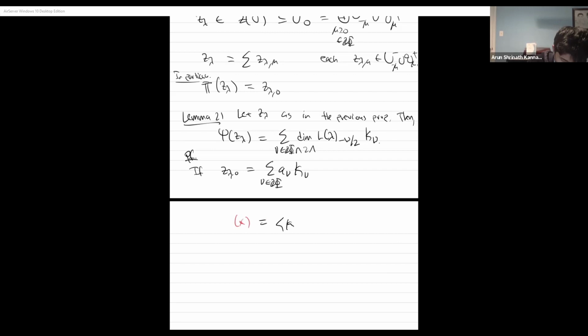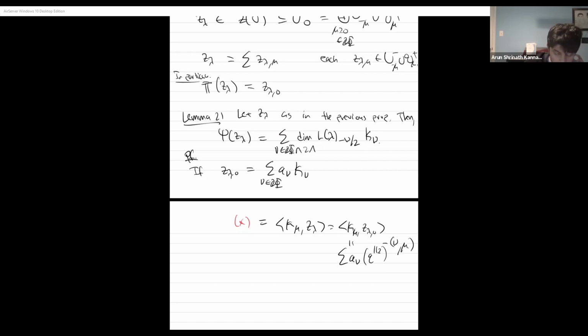So k mu paired with z lambda, by just looking at degrees, this is k mu of z lambda 0, and then just by definition of the pairing, this is going to equal a nu q to the half minus nu mu. So let me rewrite that.